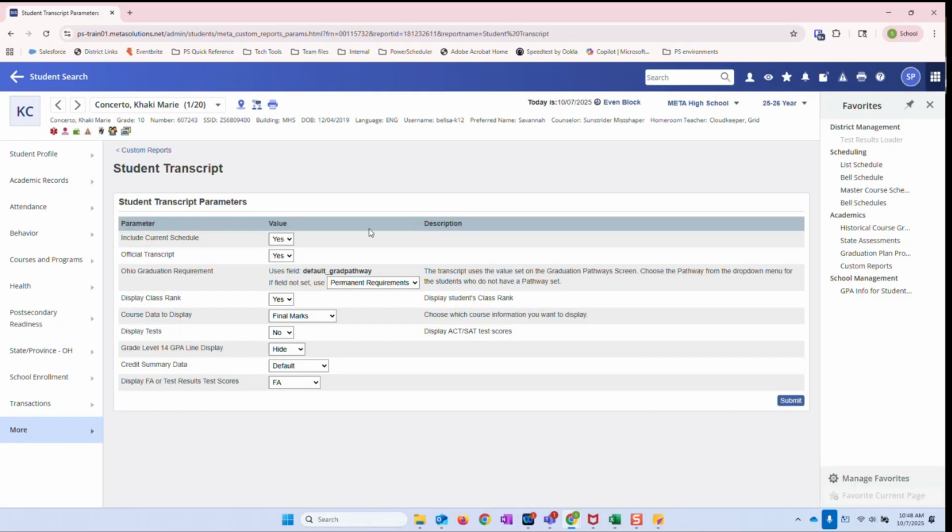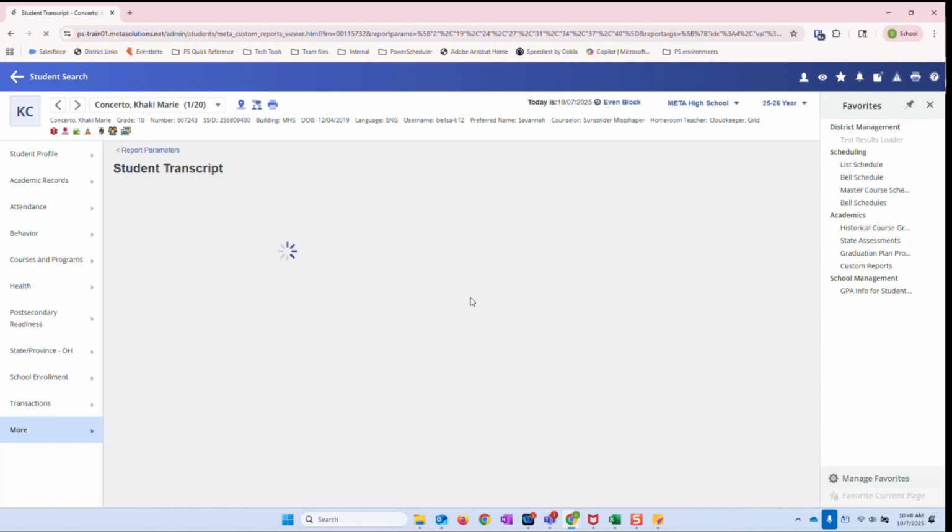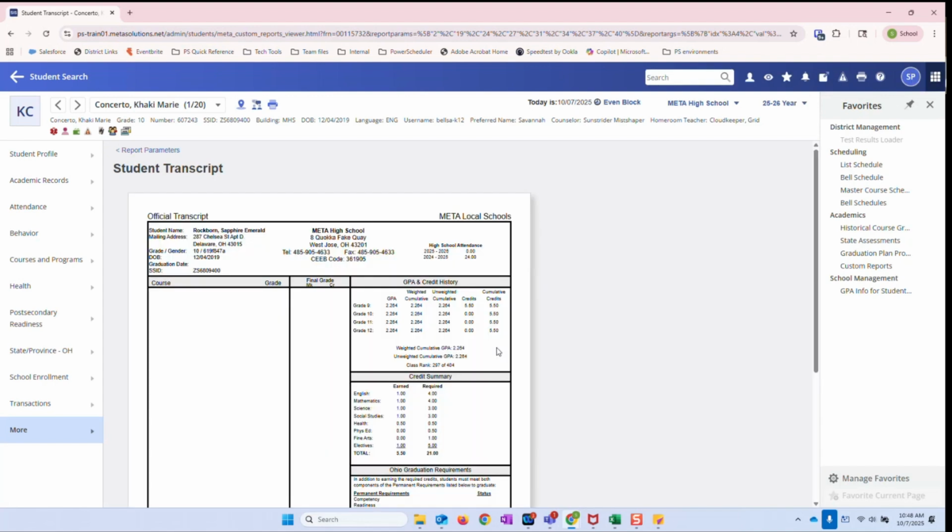And once you go into your student transcript, as you probably all know, you can select certain parameters, and I'm just going to glaze right over that. That's not what's important for this one.